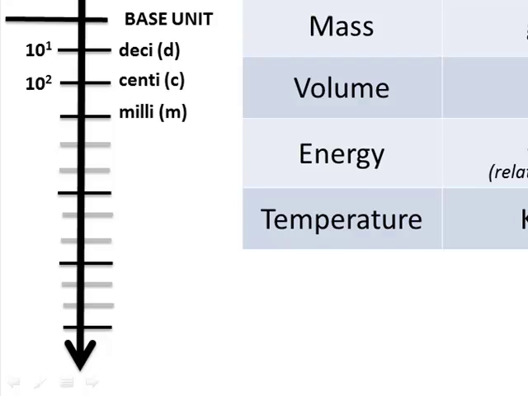Smaller than deci and centi is the milli. It's important not to confuse milli with the word million. Milli, which is represented with a lowercase m, represents 1,000 times smaller than the base unit. So notice that milli means 1,000 times smaller than the base unit, whereas kilo is 1,000 times larger than the base unit.